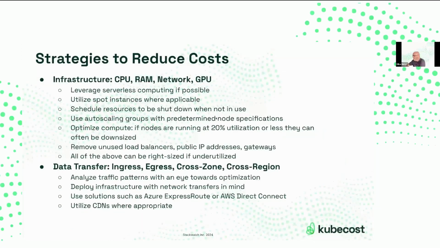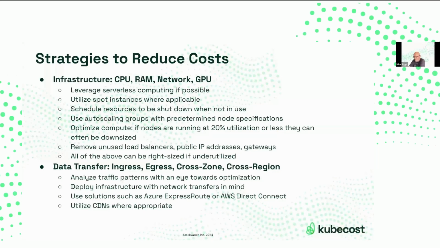And then the final thing here is, how can I save some? How can I reduce some of these costs? First thing we look at is our tooling that gives us an idea of what it is that we're spending on. And then we start looking at whether there are ways that we can optimize our infrastructure cost.